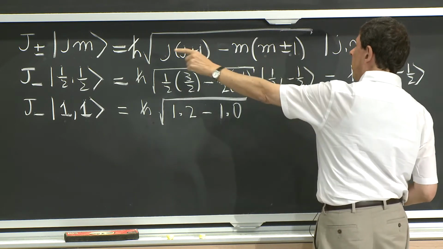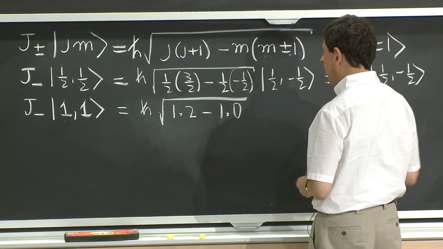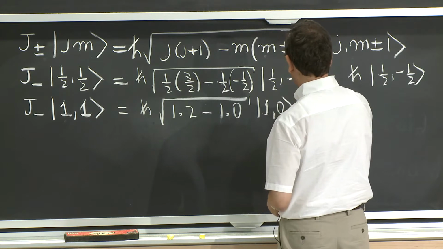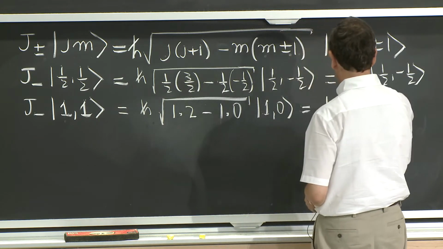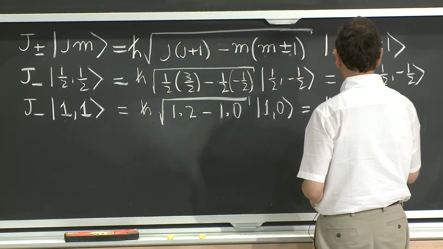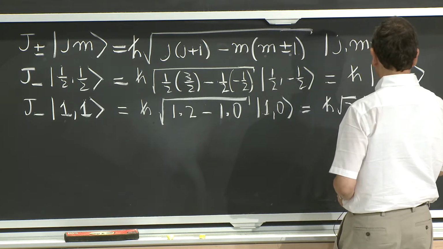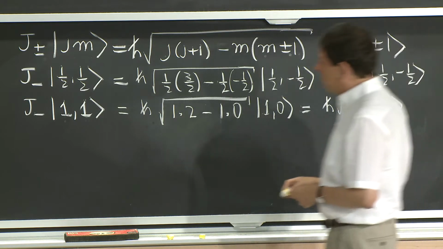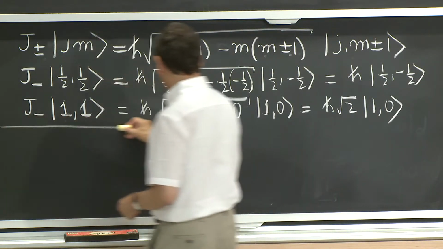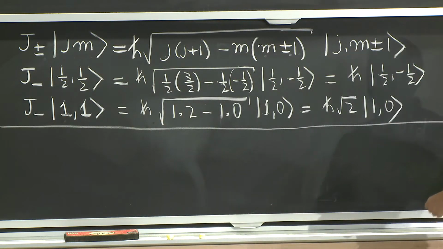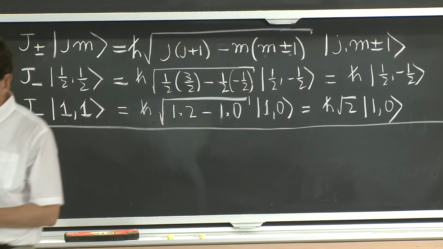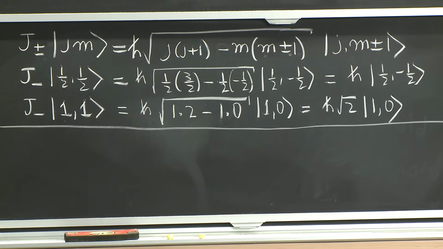We're using the lower sign on this expression, times the state 1, 0. So this is nothing else but h bar square root of 2, the state 1, 0. Okay, so these are a set of practical equations. And now we begin our identification of the states.